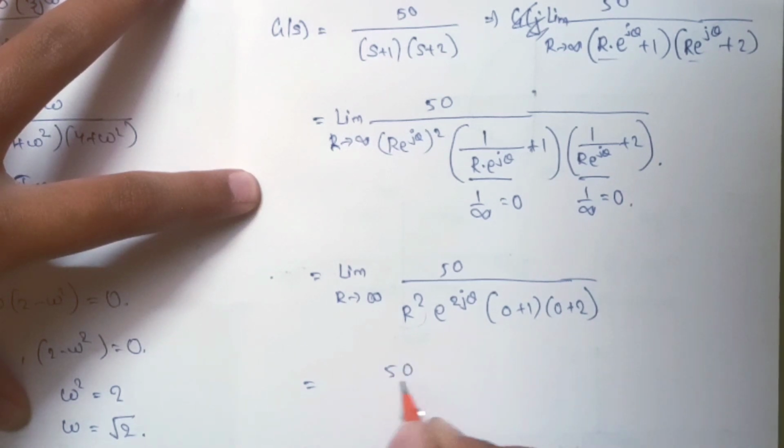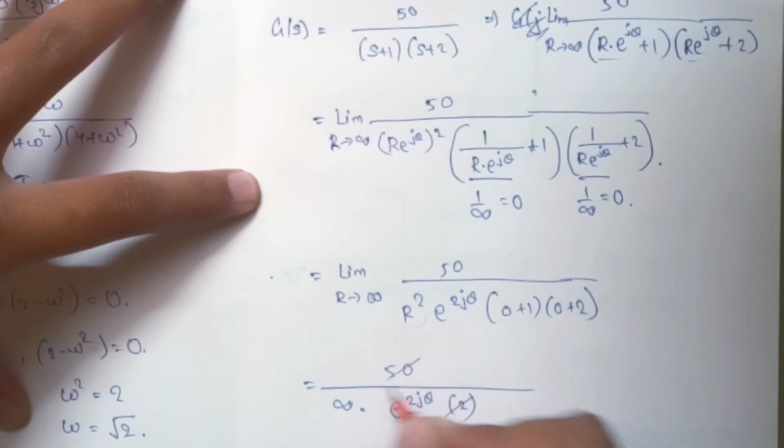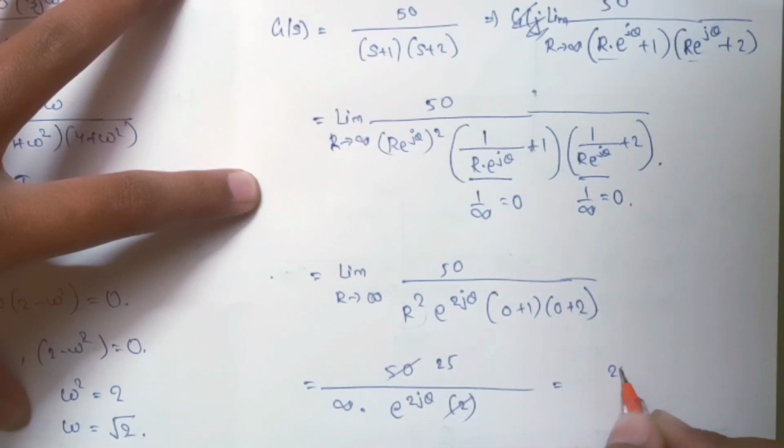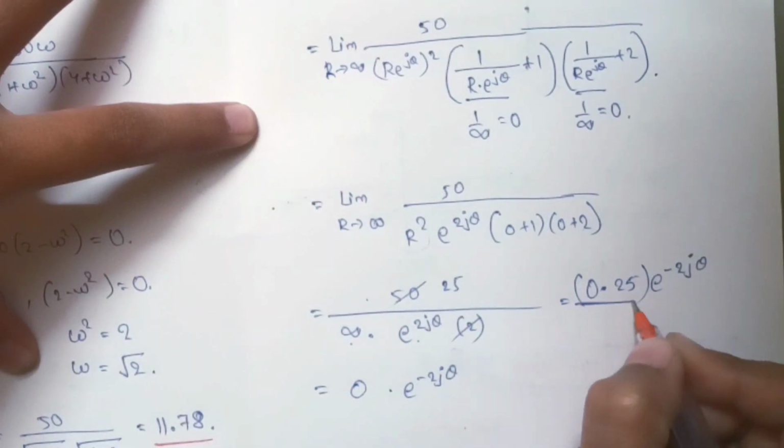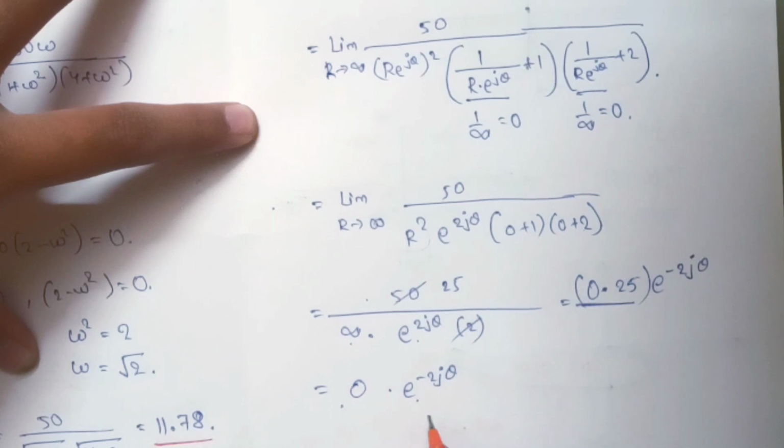So we will get 50 by infinity, e to the power 2j theta, and here we got 2. So it will get cancelled. This is 25 into, this will get 0, and if we take this to the upside, it will become minus 2j theta. And this will get multiplied, and we will get 0 into e to the power minus 2j theta.